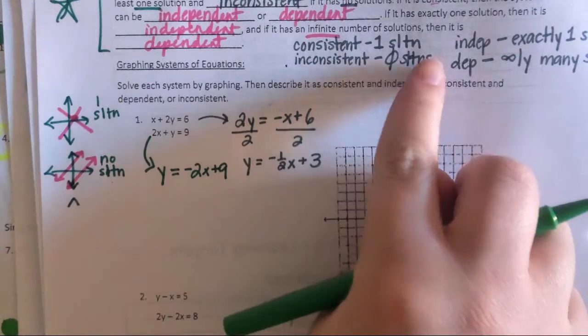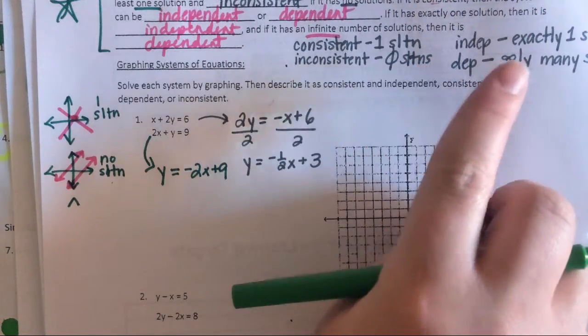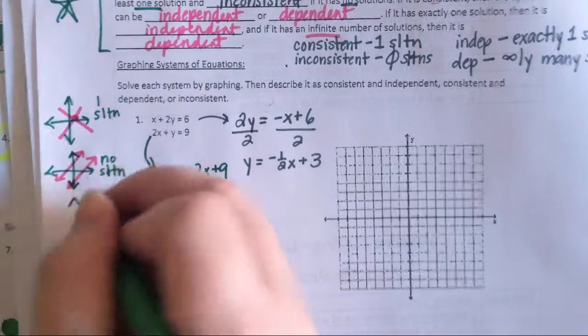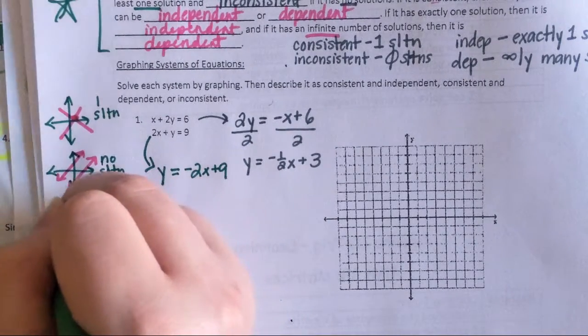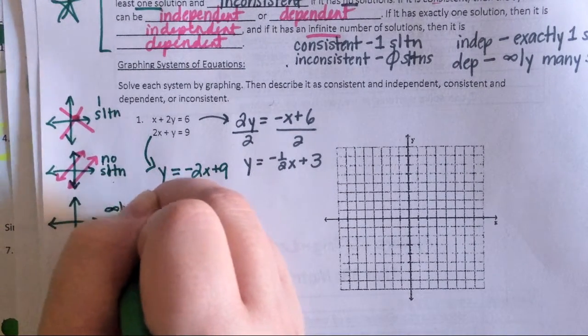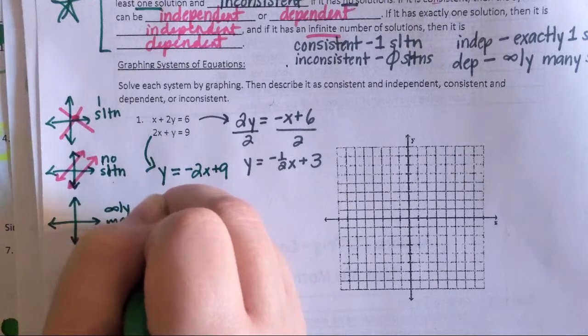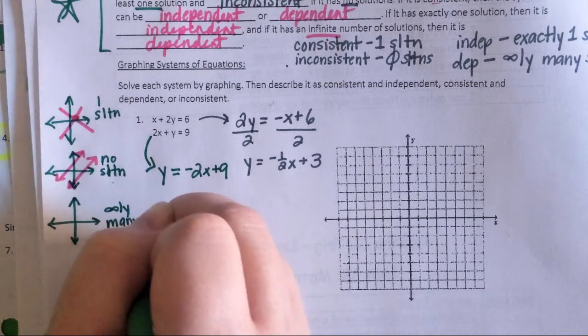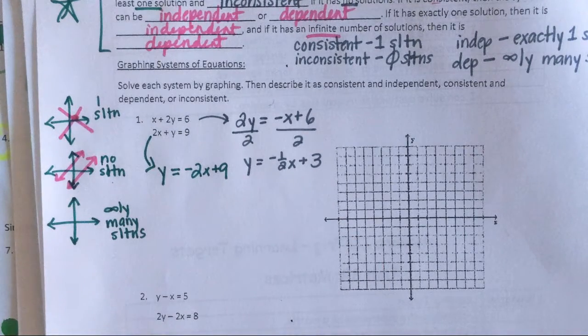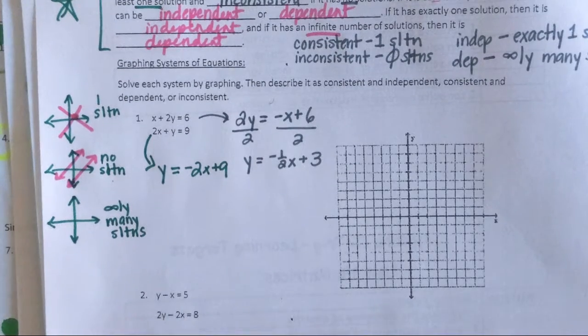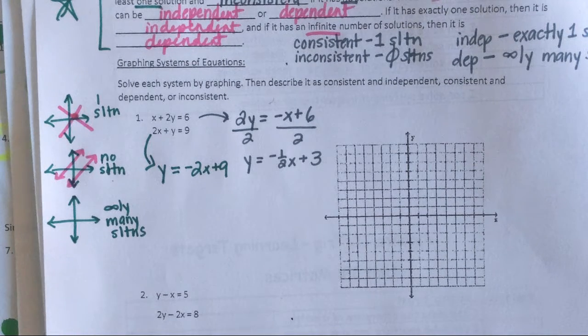Okay, but then we get to the fun one. Because we were discussing one solution, no solution, and then we also have that case of infinitely many solutions. What would infinitely many look like? Infinitely many means they're always crossing.